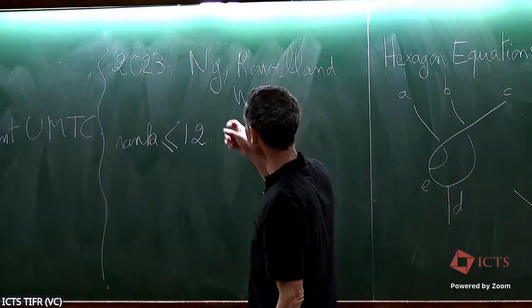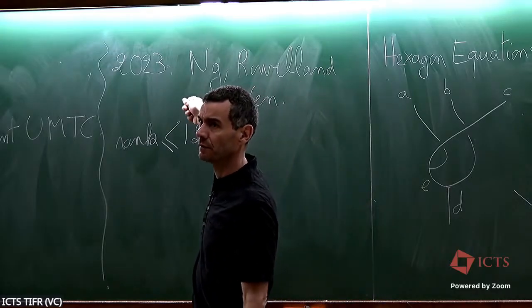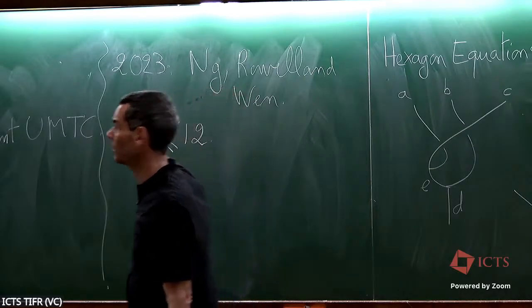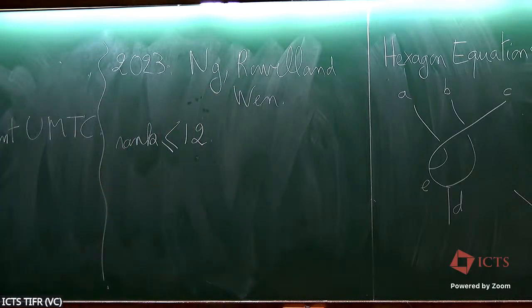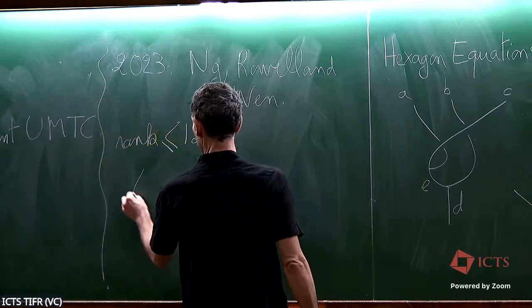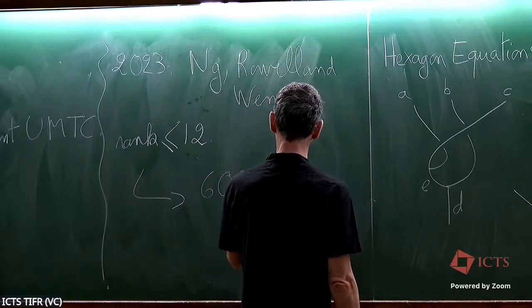But in this paper, they were not able to compute the solutions of pentagons and hexagons, but they provide the modular data. So in this paper, they give all modular data for UMTCs. So they give you all the S and T matrices which are compatible with the modular structure of this tensor category, provided the rank is lower or equal to 12. And they found 609 solutions.